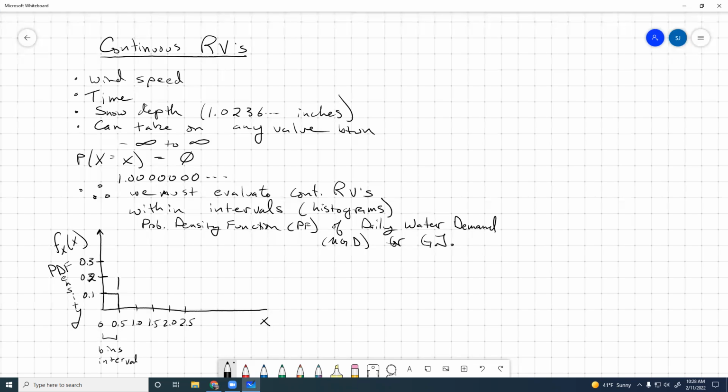We'll go up to 0.2, 1.5, and then I think this is 0.5 and then 0.25. Okay. So here's our histogram. So X has units of million gallons per day.